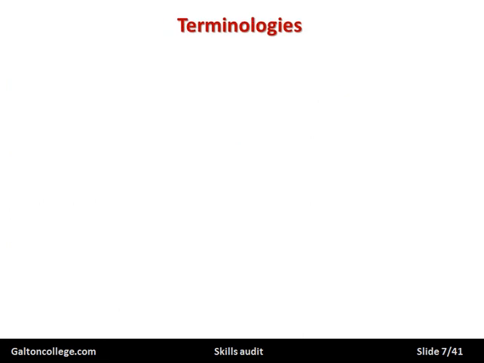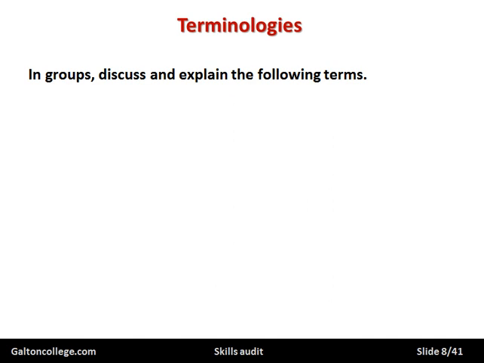So let's start, and we'll talk about the terms that we're going to use. First of all, it's wise in classes like this to contact your group and get some discussion in the group about the terms, and ask members of the group to do some research.